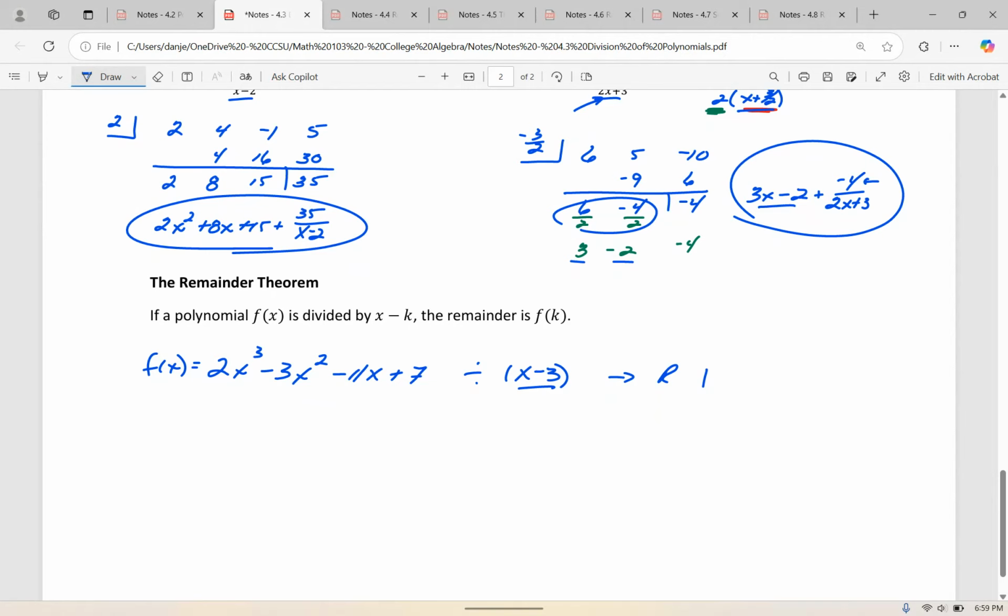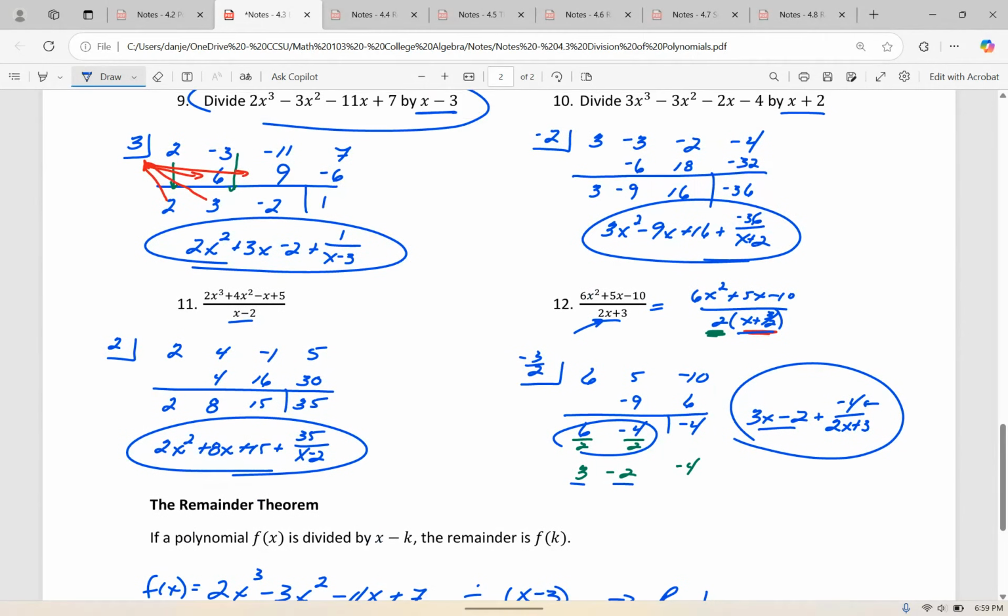see the x minus 3? If I do f of 3, 2 times 3 cubed minus 3 times 3 squared minus 11 times 3 plus 7. So I'm putting the 3 in place of the x.